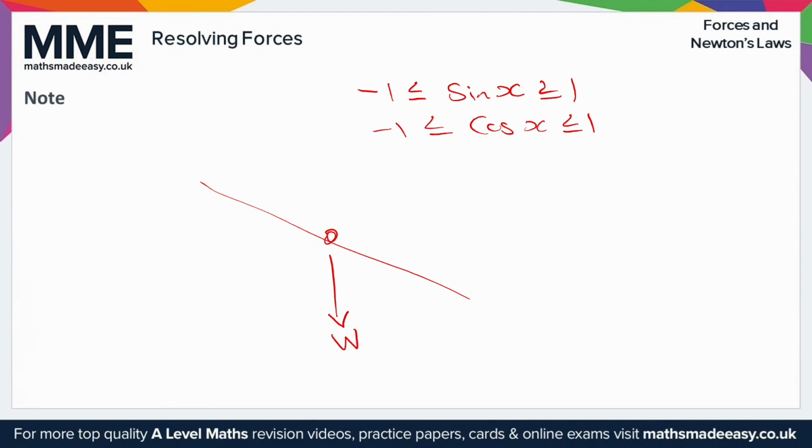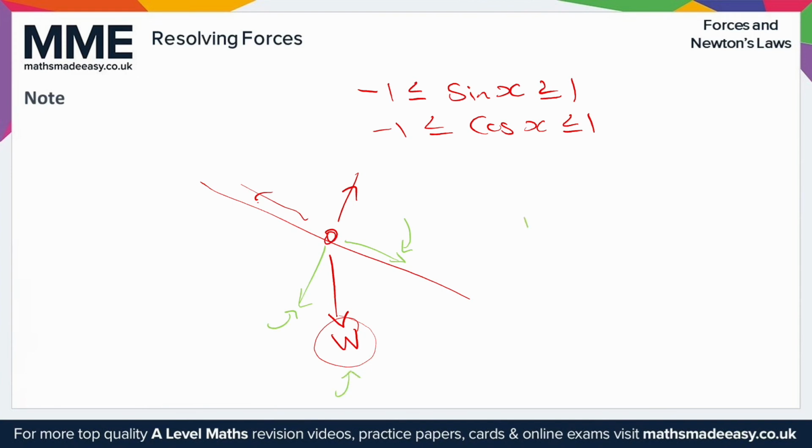And that's fine, but if we want to consider parallel and perpendicular to the plane to resolve our forces, then a component of this will act down the plane and a component of it will act perpendicular through the plane, okay? So, if you're solving for these two forces here, so you've got this one that's perpendicular to the plane and this one here that are both components of W, and somehow you get either of these to be bigger than W, then you've definitely done it wrong.